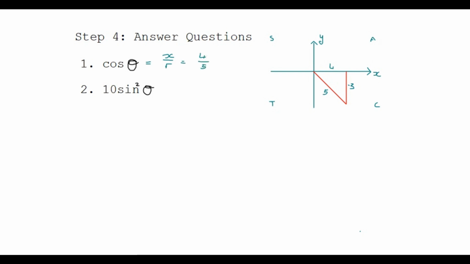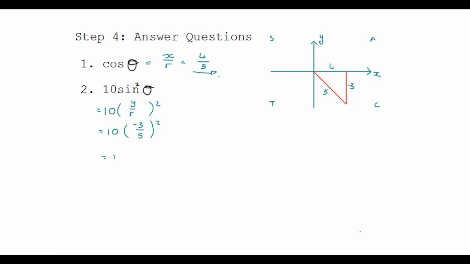Next one. Let's look at 10 sine squared of theta. Okay, so we're going to have 10. And now we need to replace sine with whatever its value is, and just don't forget it's squared. And sine we know is y over r. So 10 of what is y? Well, it is negative 3, and your r was 5, squared. And now you simply apply BODMAS.